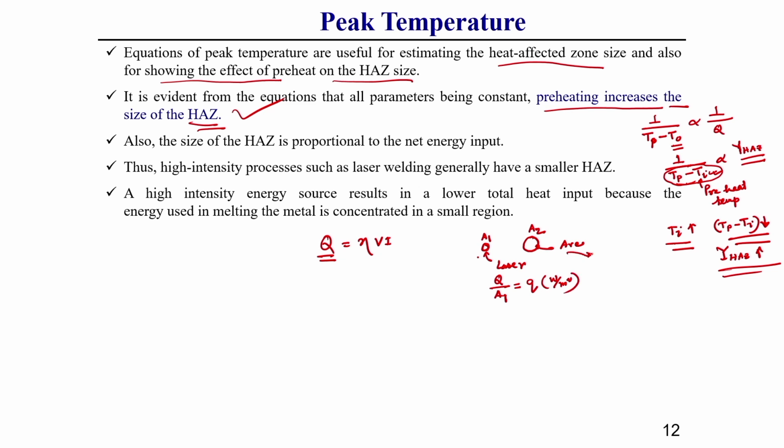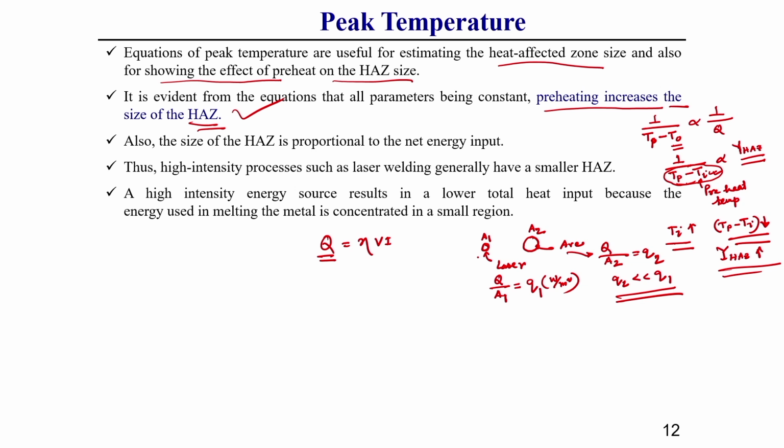Then here, for the same Q value, as A2 is more, this Q2 will generally be less. So, here you can say Q2 is much lesser than Q1.